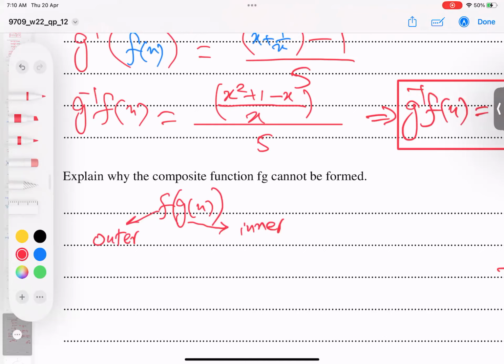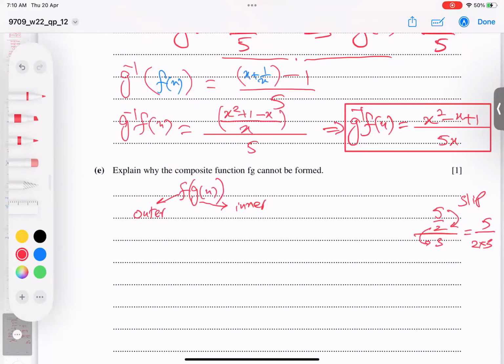The basic criteria is that the range of the inner function must lie inside the domain of the outer function.